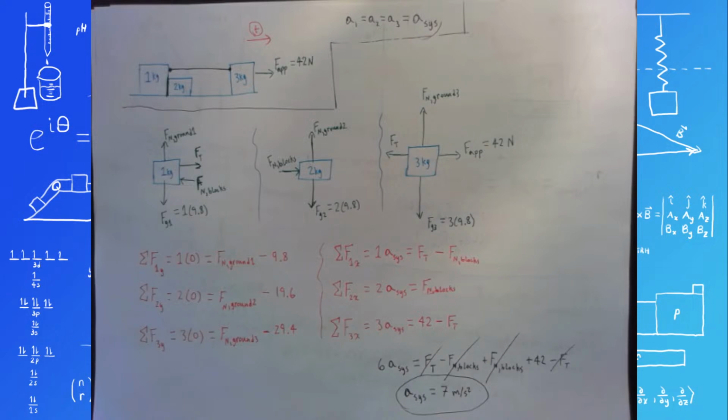Let me just use the Google calculator for this. 21 meters per second to miles per hour is 46.9, so almost 47 miles per hour in just 3 seconds. Yeah, that's quite a lot.